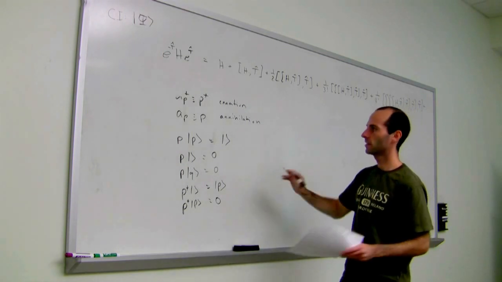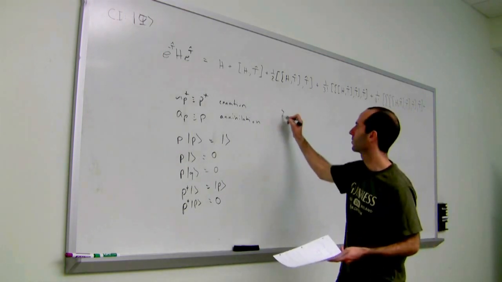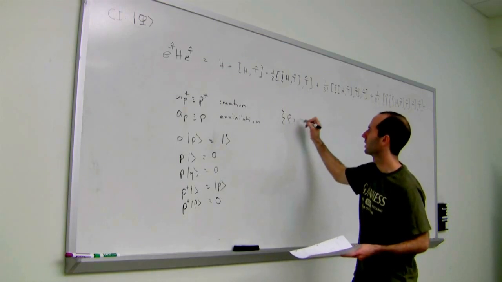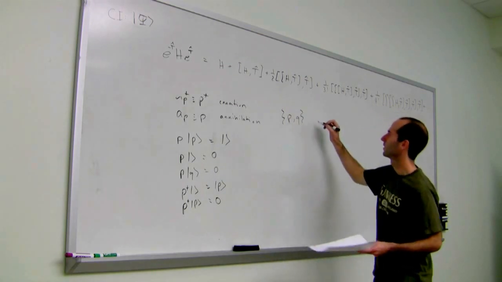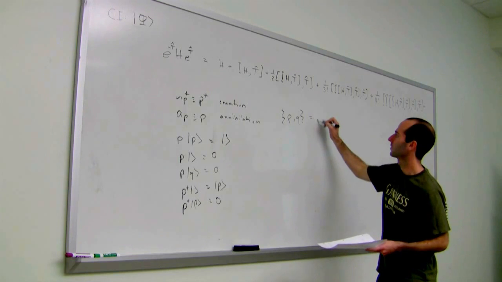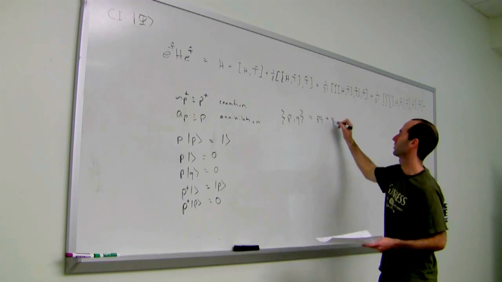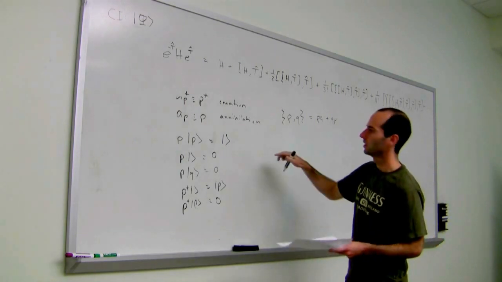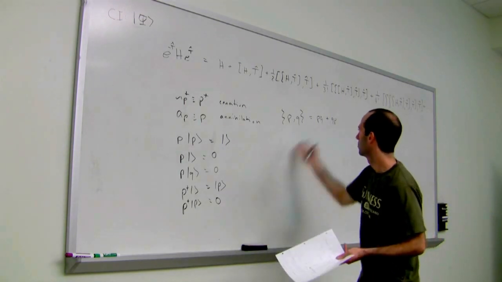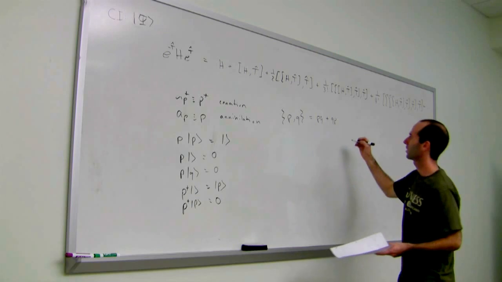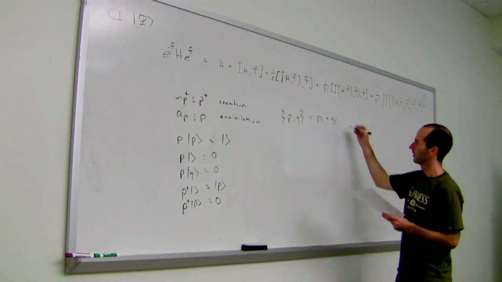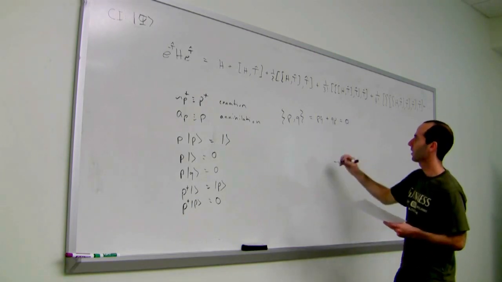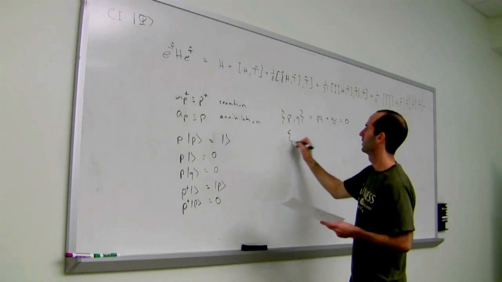These guys obey anti-commutation relations. So the anti-commutator, as opposed to the commutator, is pq plus qp instead of minus. That's all that anti-commutator means. So let's do pq first, since I already wrote it up here. This anticommutator is equal to 0. I'm just defining this, so you'll have to believe me.